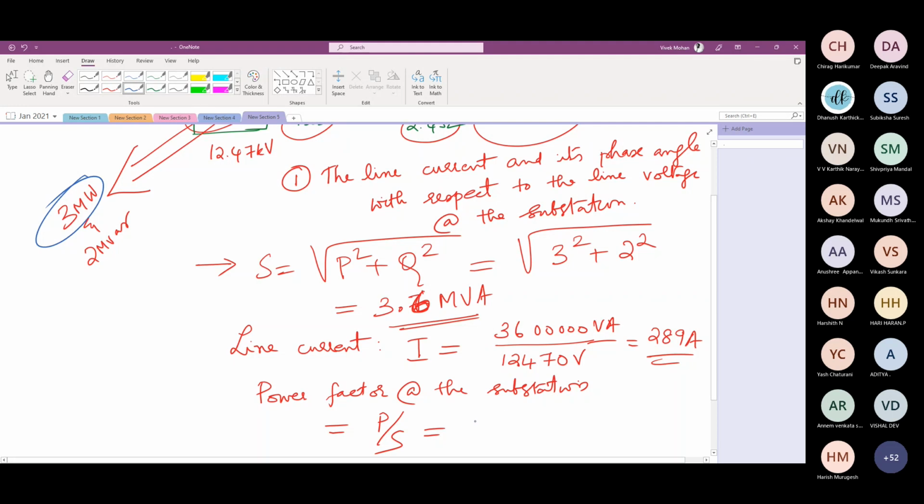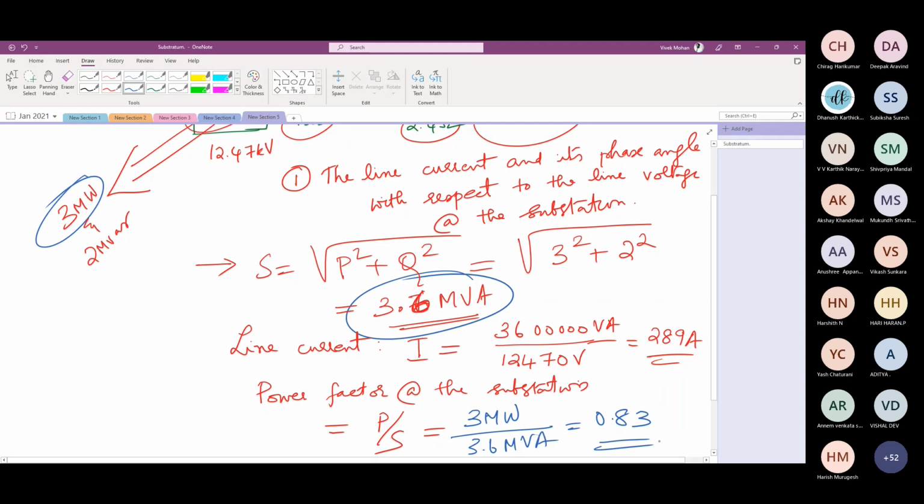So 3 megawatts divided by S, which is 3.6 MVA, equals 0.83.